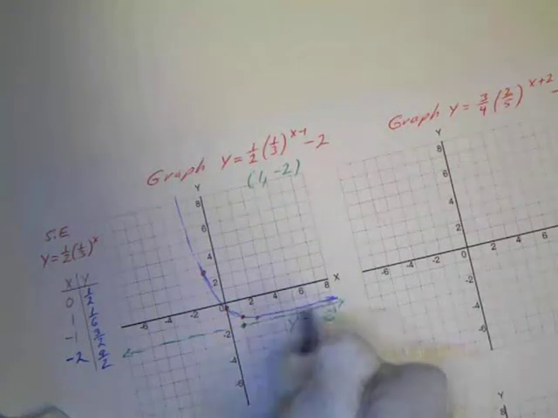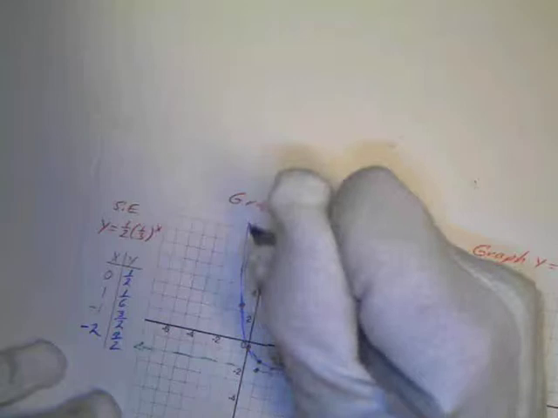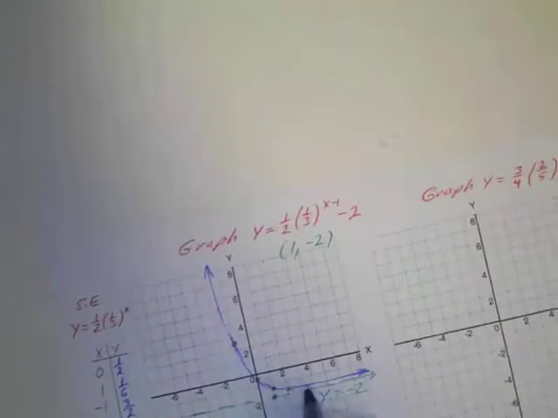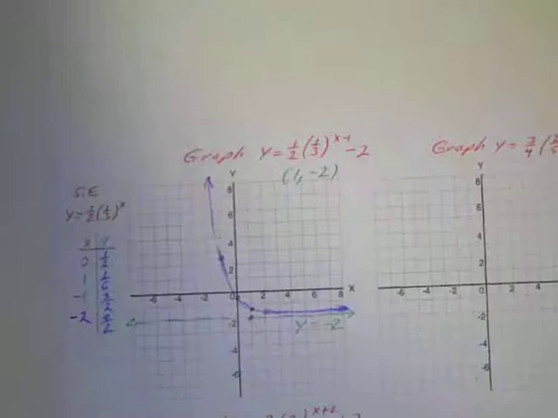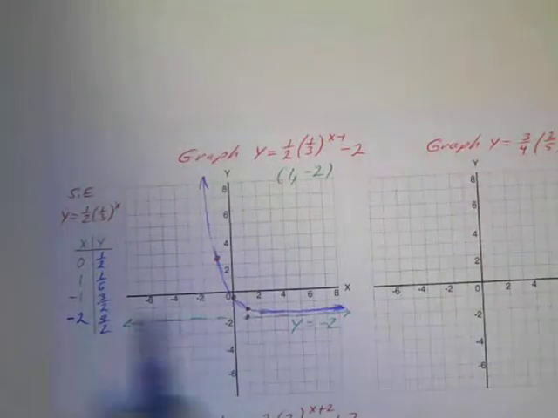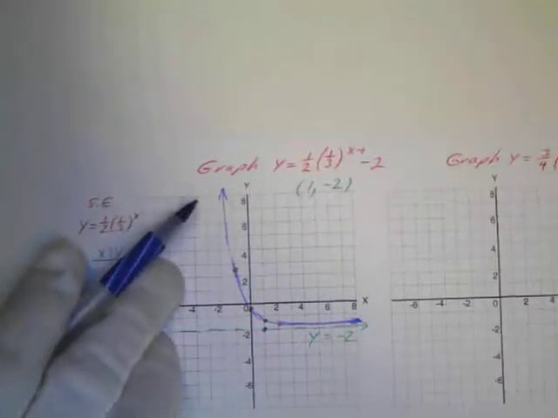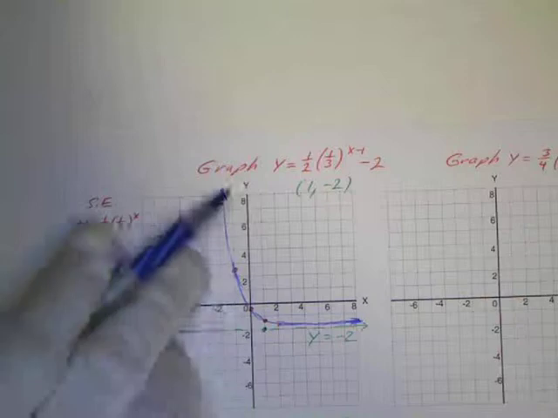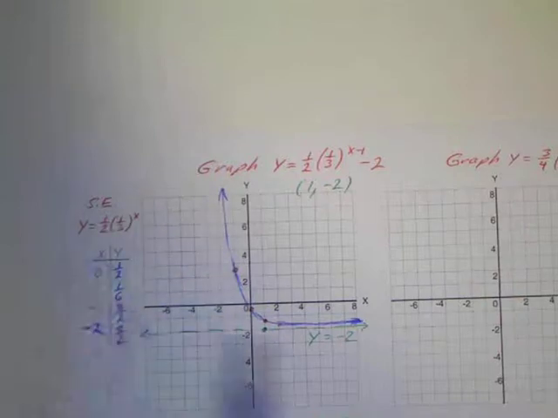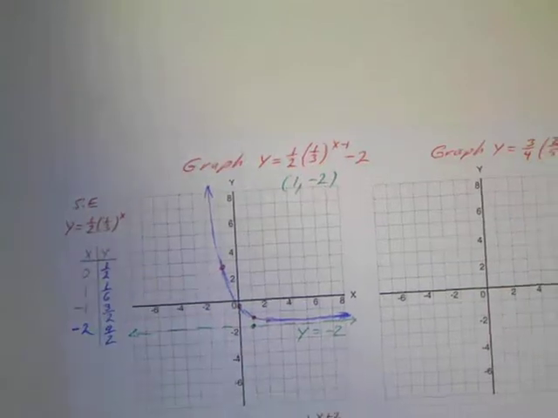Let's make sure you're getting closer to that asymptote, not farther, okay? So you can see as we move to the right, the vertical position is moving down, or the value of the function is going down. So as I move to the right, I'm going down, so that's exponential decay.